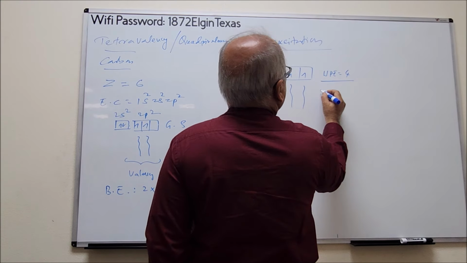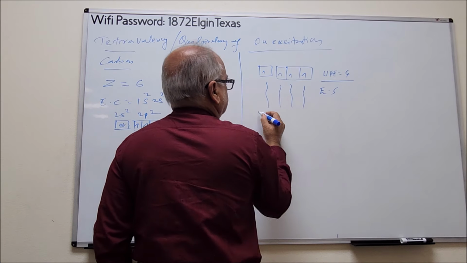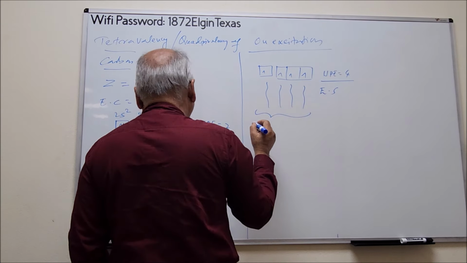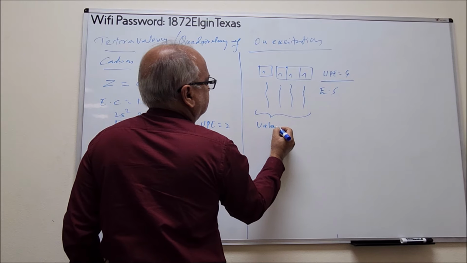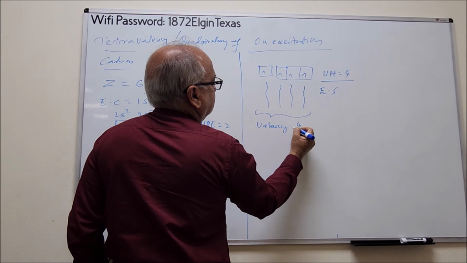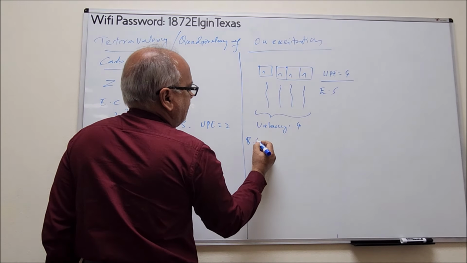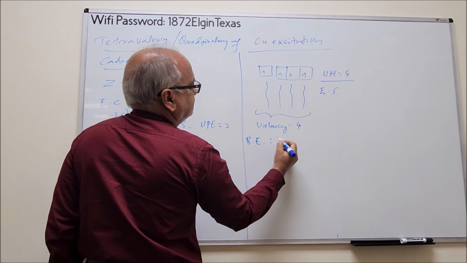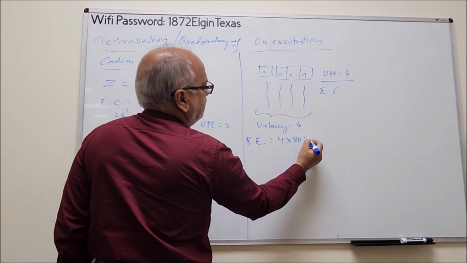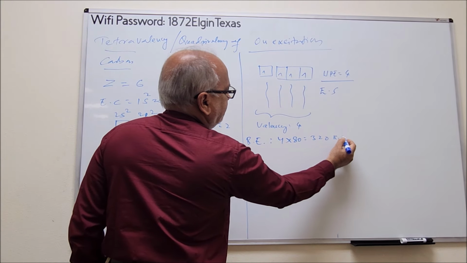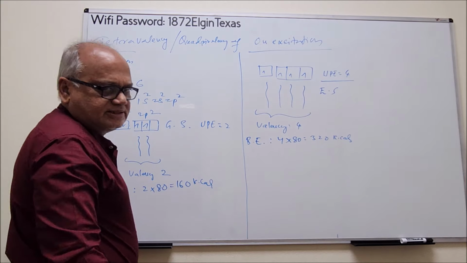This is the excited state. Valency is 4 here. If you calculate the bond energy, 4 into 80 is equal to 320 kilocalories.